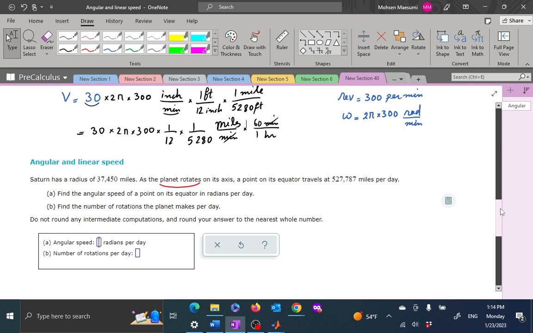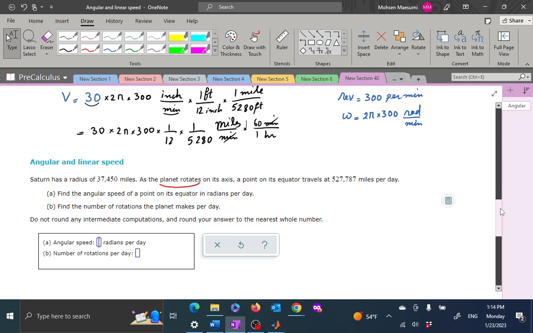It's a big planet, so by the way, that day means our day, not Saturn's day. At any rate, find the angular speed of a point on its equator in radians per day, and find the number of rotations that the planet makes per day.